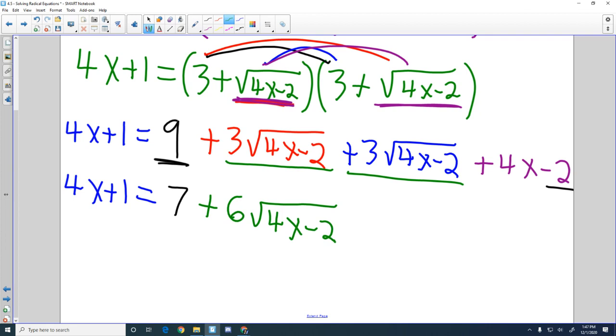The square root of 4x minus 2, they don't change. And the last thing we have is this plus 4x. Do we have any other terms with just an x that aren't underneath a radical? No, there are no other like terms for that. So we'll just bring that along at the end, plus 4x.